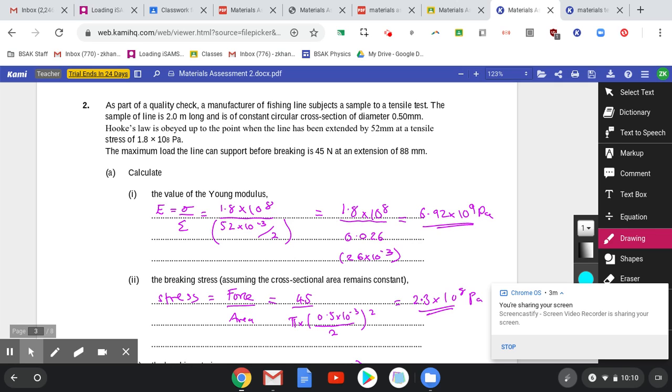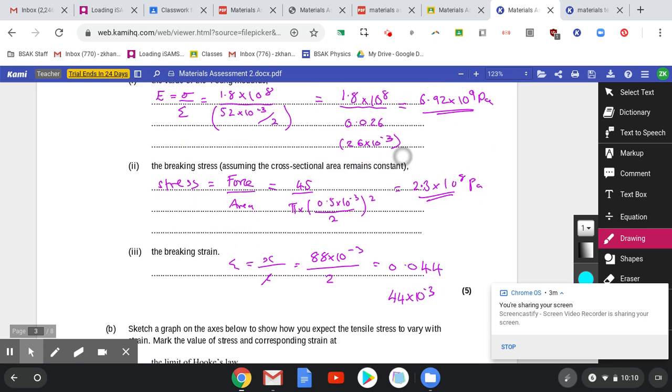Remember, you have to convert it into meters. And divided by the original length. Remember, strain is extension over the original length. So the strain that we work out is 0.026. The stress is 1.8 times 10 to the 8. Divide the stress by the strain, and we get 6.92 times 10 to the 9 pascals.